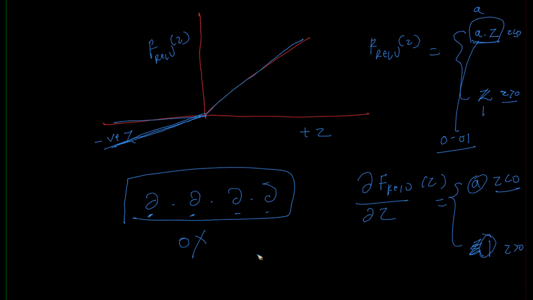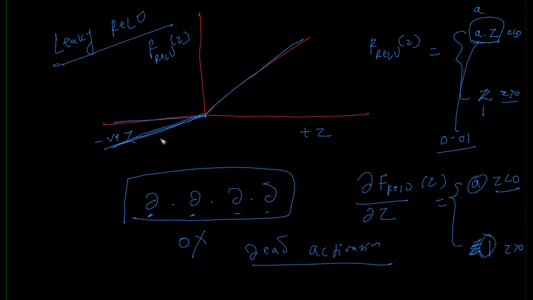So that's why we will not have a dead activation problem. Such a ReLU in which we give a smaller value is called leaky ReLU. And leaky ReLUs are used to handle the dead activation problem which we get in ReLU. So that is the ReLU activation function.